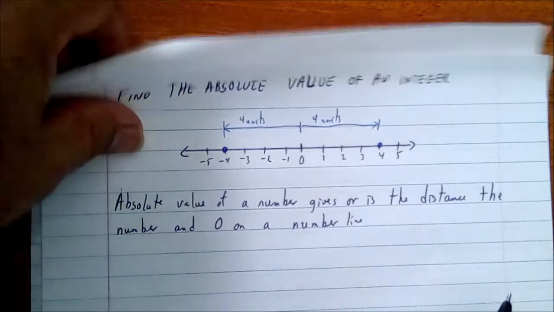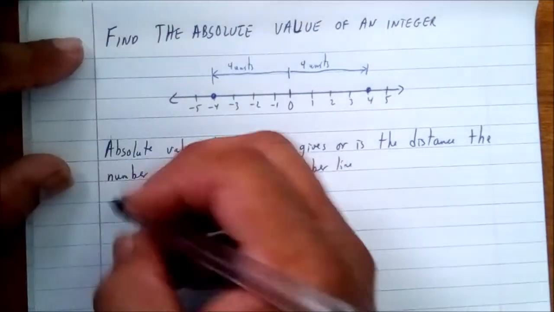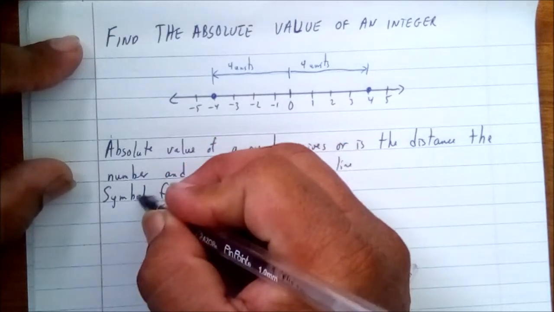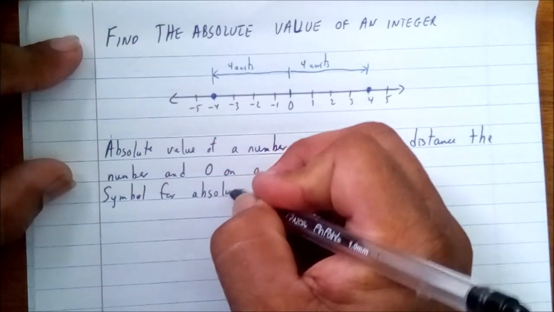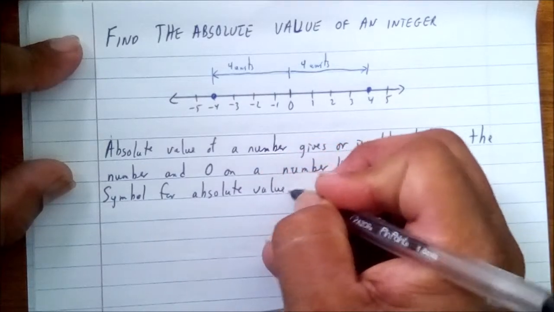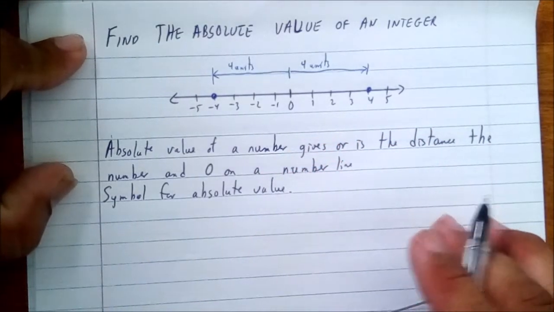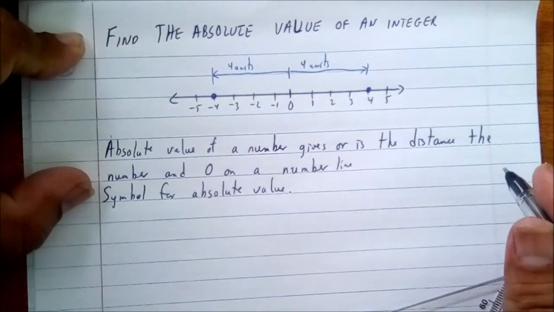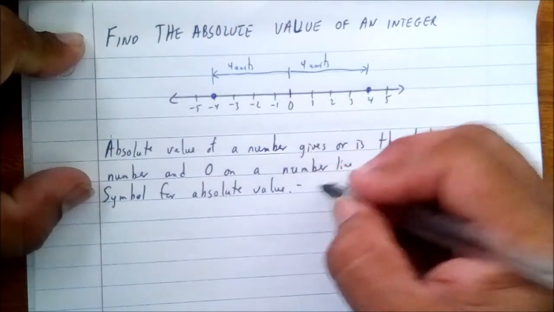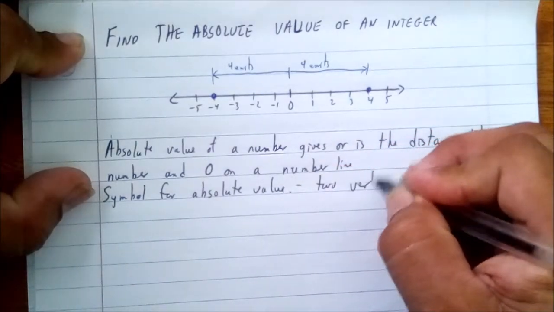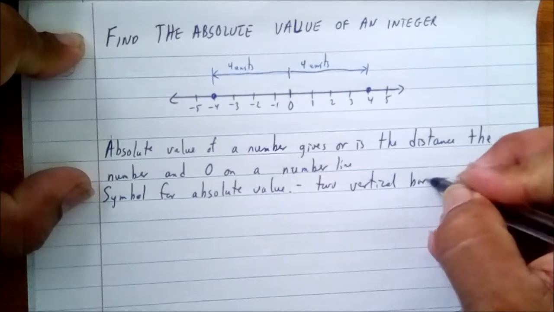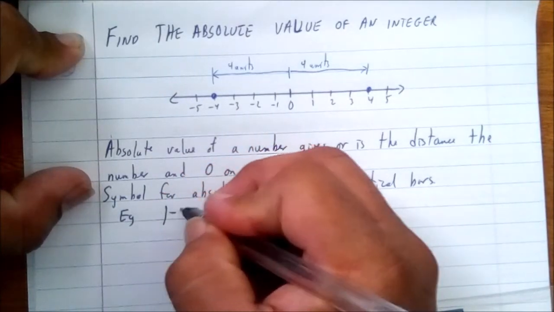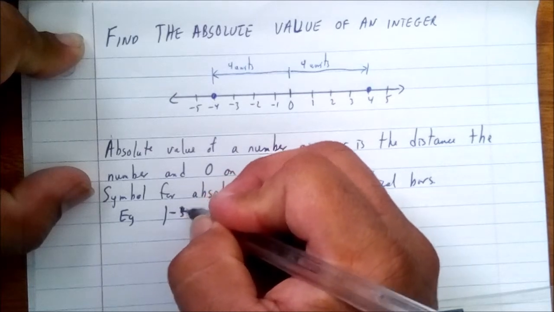Now the symbol for absolute value. There needs to be a symbol, otherwise we might get confused. The symbol is given by 2 vertical bars. For example, we have the absolute value of -4.